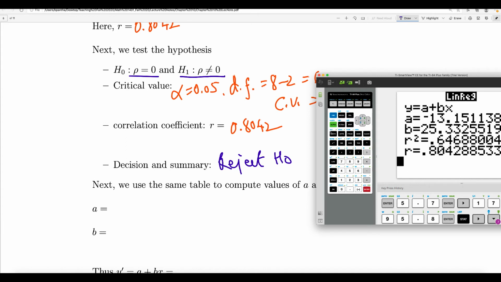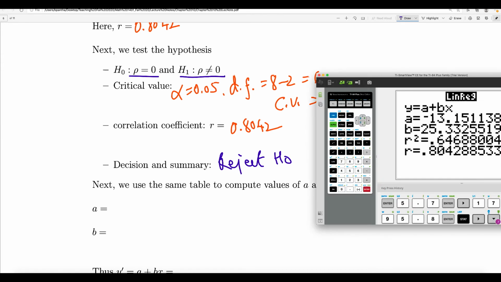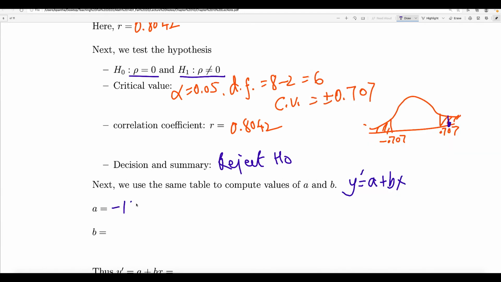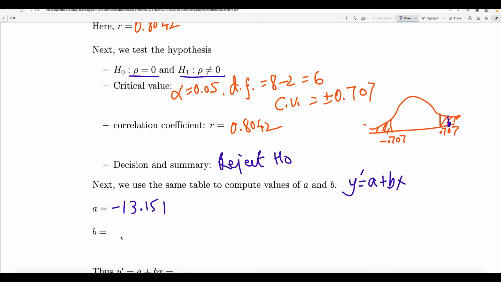Now let us copy the values of a and b, negative 13.151. So y equals a plus bx, right? Let me write y prime equals a plus bx. So we got negative 13.151, and the value of b is 25.333.